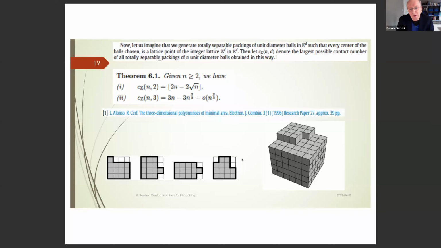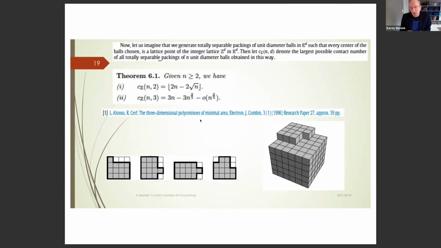It was surprising to me that, independently of Fejes Tóth's paper, people had looked at this concept of totally separable packing in a more special way. The Alonso and Cerf paper that I'm quoting here is quite lengthy and deals with the following question.